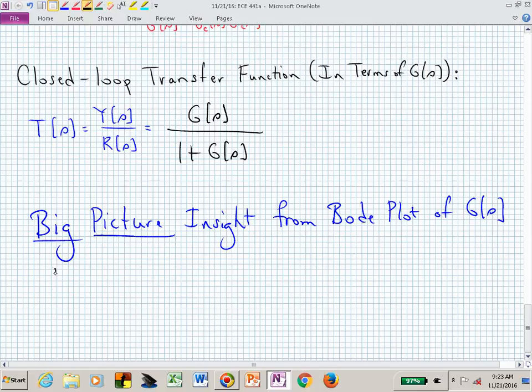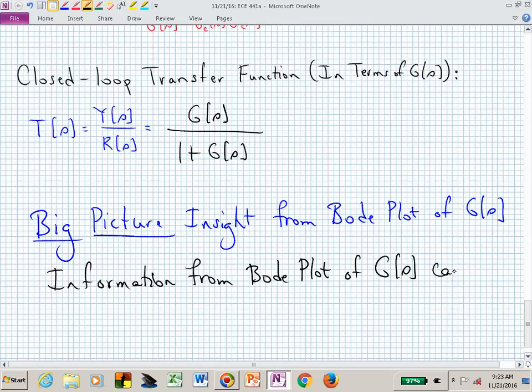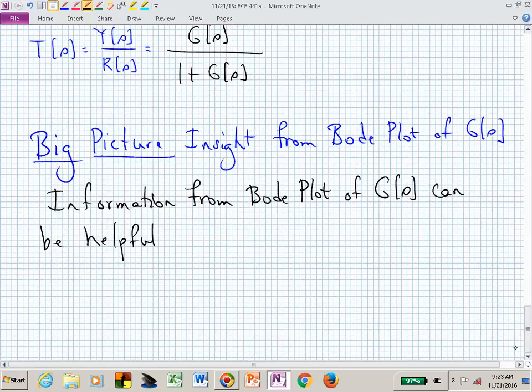We're trying to obtain information from the Bode plot of G of s, and that can be helpful in learning about or understanding the closed loop system properties.